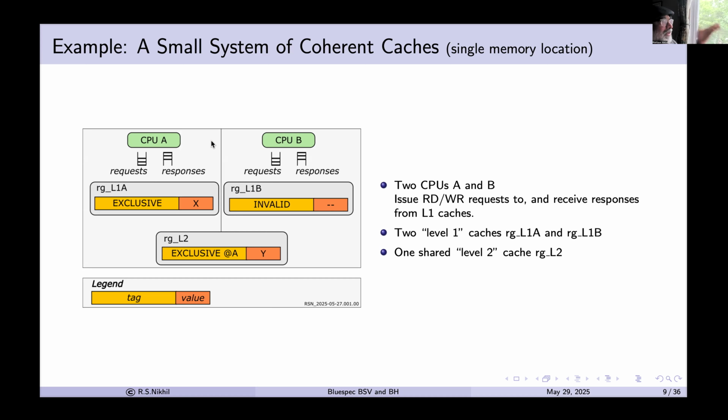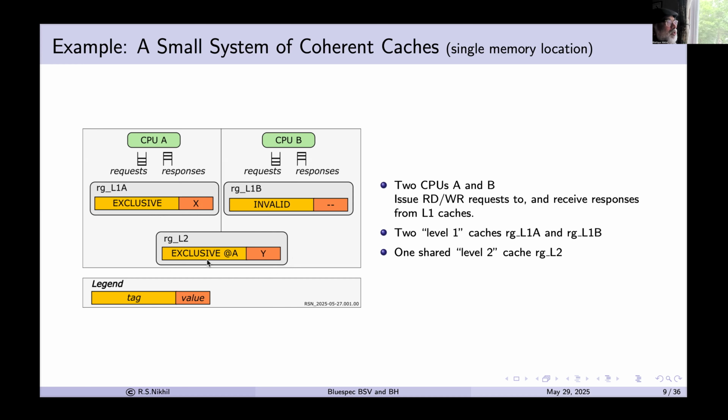And imagine that it's in the state as shown out here, where L1A has the cache location in exclusive mode, presumably because it wants to write it. And let's say it has written a value recently, so that value is X. Before it got there, it must have received the value from the L2 cache, but by this time the L2 cache value may be stale, so that's why I called it Y. It's the old value.